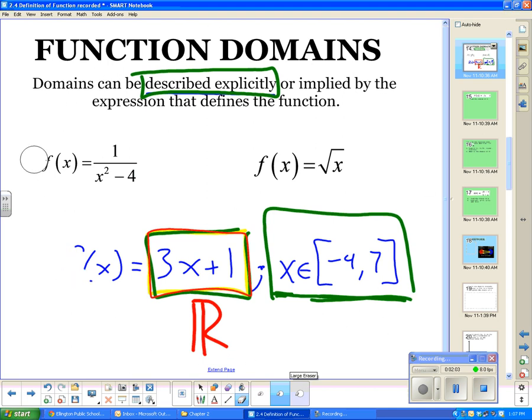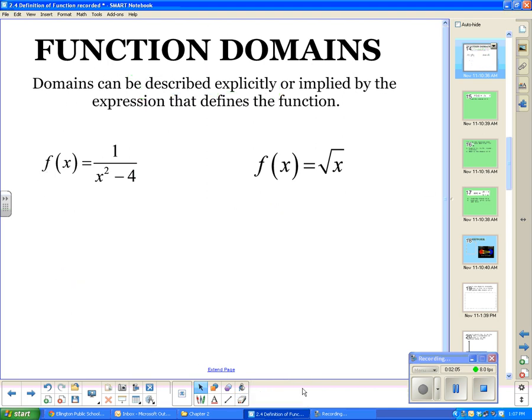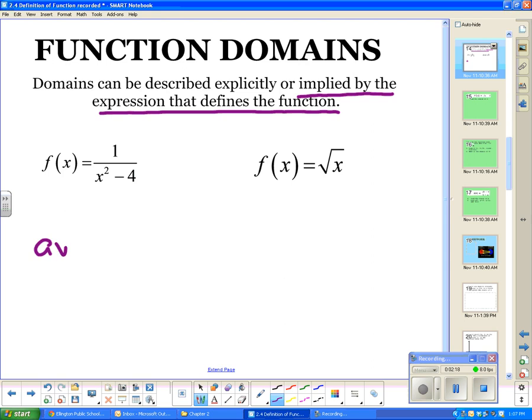Most functions, however, that we deal with are going to be of the nature where we want to look at what is implied by the expression that defines the function. The two major things you need to look for, the domains that we need to avoid, I'll even put this down here, we need to avoid these two things.